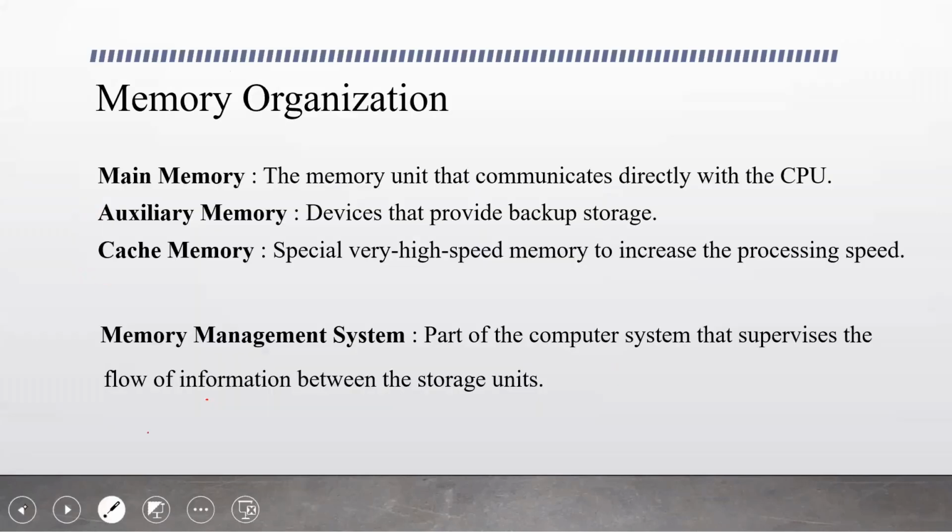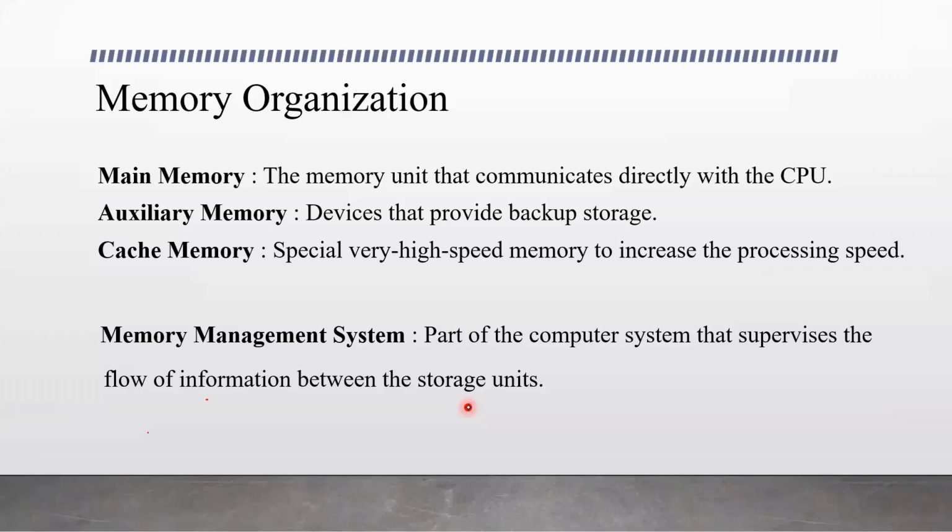So what is a memory management system? It is a part of the computer system that supervises the flow of information between the storage units. The CPU generally manages the overall operations of the computer, having the arithmetic and logic unit for performing the calculations and the control unit for controlling the entire operations.